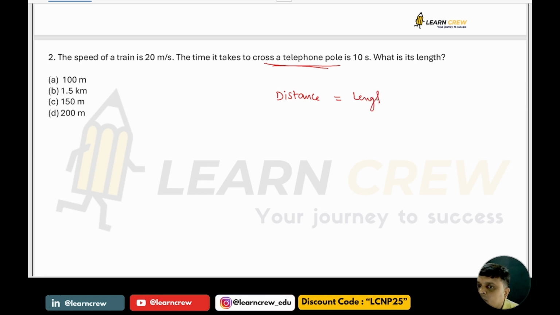So to find the length of the train, we need to find the distance covered. Distance is speed into time. Speed is given as 20 meters per second and time taken is 10 seconds. So 20 into 10 is 200. So 200 meters is the distance covered. The distance is itself the length of the train. So the answer is 200 meter.